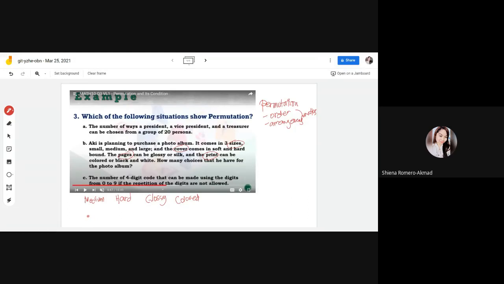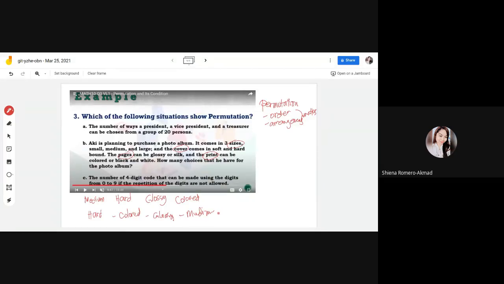Kunwari, nauna yung hard, pangalawa yung colored, pangatlo yung glossy, and last yung medium na size. Nagbago ba? Nagbago? Hindi. Naiba lang po yung arrangement. Yung sequence. Right? So, yun yung punto ko.